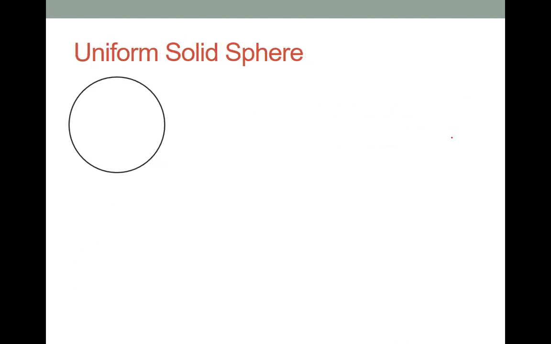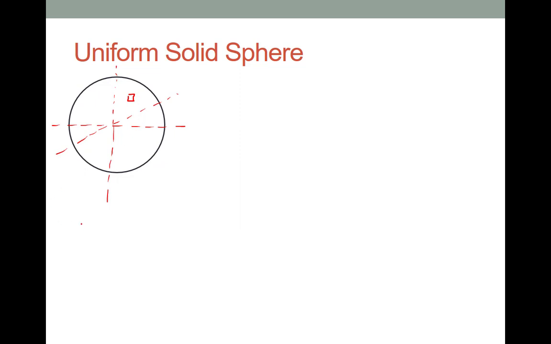And now let's look at our uniform solid sphere. Define a coordinate system which goes through the center of the sphere. I'm going to put my little volume element in right here.